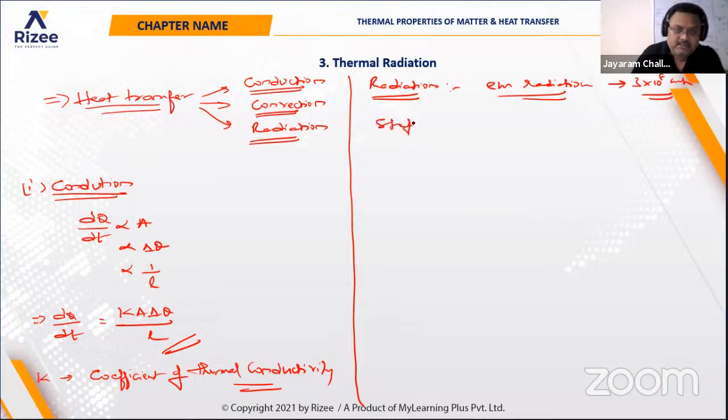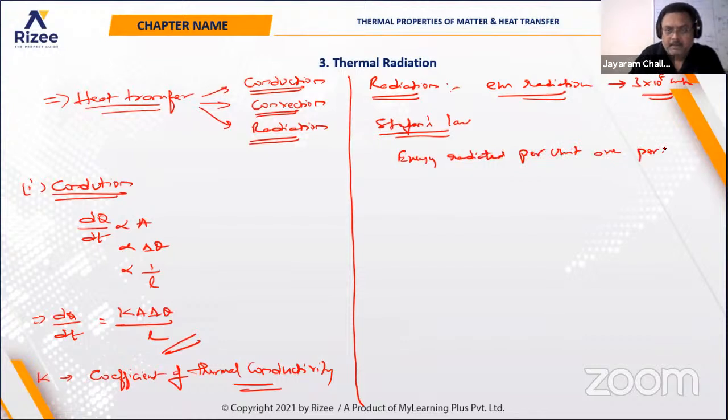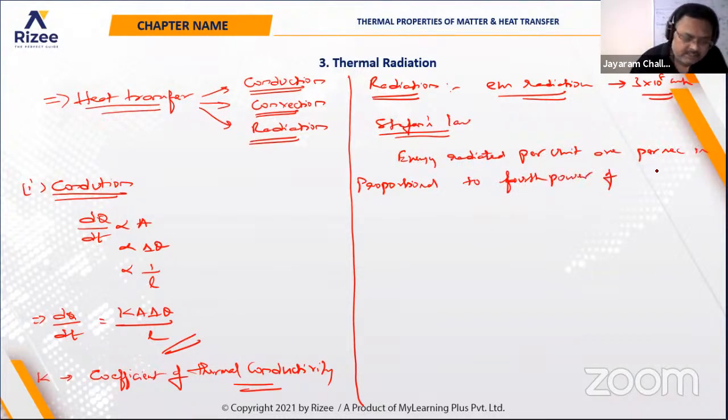Stefan's law: energy radiated per unit area per second is proportional to the fourth power of absolute temperature.